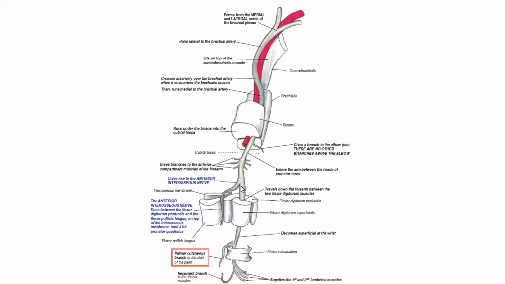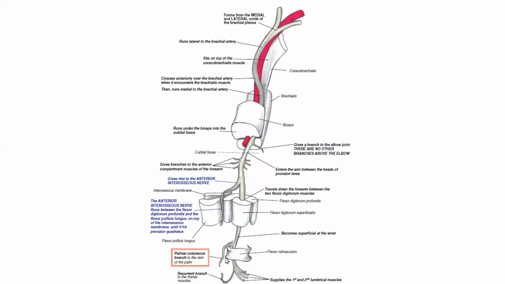So the median nerve then gives a palmar cutaneous branch to the skin in the palm just before it enters the transverse retinaculum, or the flexor retinaculum. Once it passes through the retinaculum, it gives a recurrent branch to the thenar muscles.